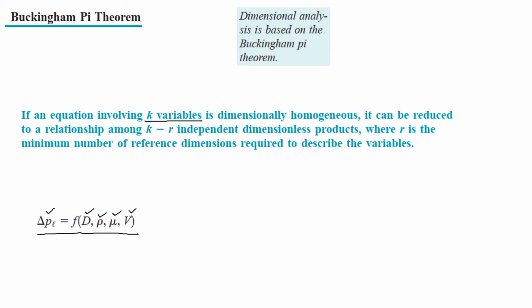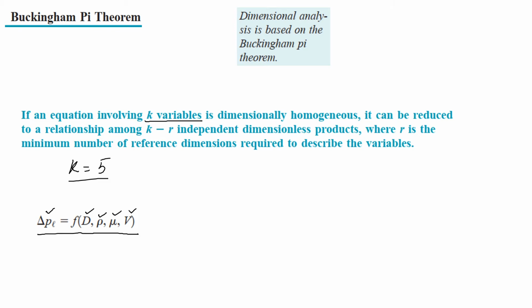these dependent and independent variables. So in this case you can say that k is equal to 5, that the total number of dependent and independent variables is 5. So if the equation is dimensionally homogeneous, it can be reduced to a relationship among k minus r independent dimensionless products.